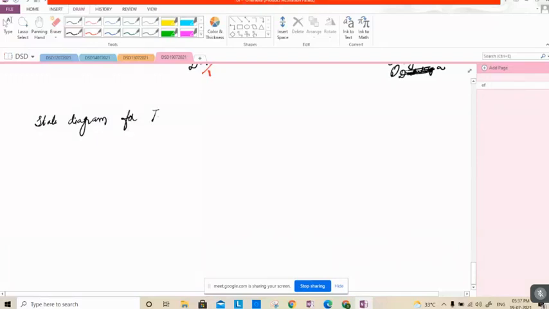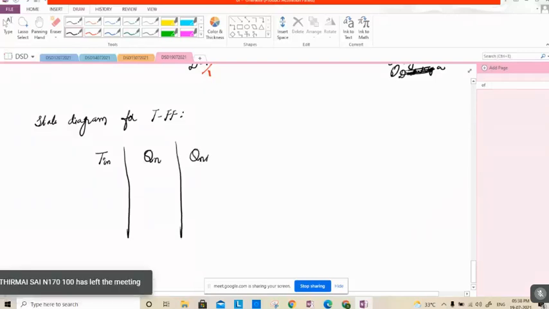State diagram for a T flip-flop. The value of T input, value of Qn, value of Qn plus 1.